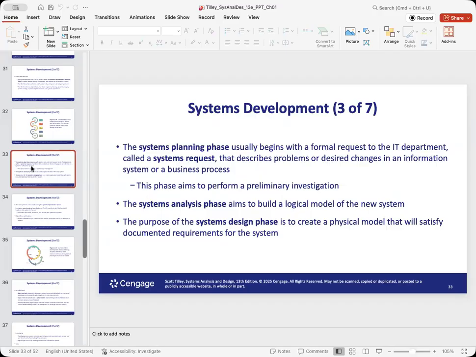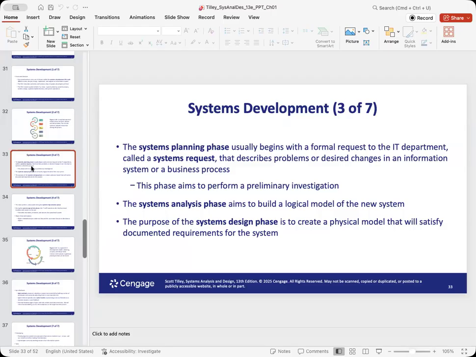Now, when you send a request, you give the reason why you need what you have sent a request for. And that falls under requirements. So we'll get to the requirements analysis. All right. So the systems planning phase begins with a formal request to the IT department, and that is what we call the systems request.